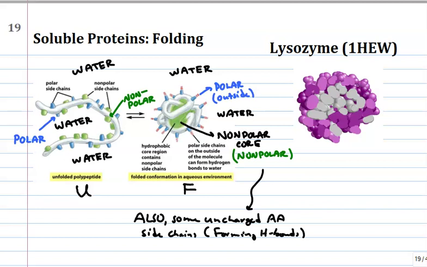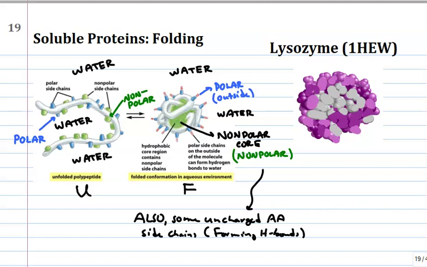And we know ionic interactions are stronger when you have a lower dielectric constant. And oh, by the way, the nonpolar core has a low dielectric constant. That's why I've been asking you all these questions up till now.